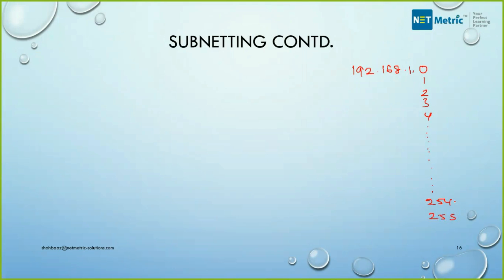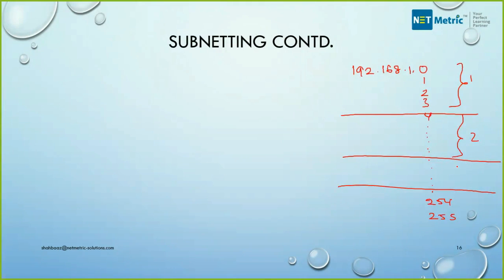One network means it can be used only in one department or one branch office or one local area network only. But now since I want fewer IPs, I want to divide this network into multiple smaller pieces, multiple subnets, like 4 subnets, so that I can use one subnet at one location, the next subnet at a different branch office or a different department. Like this I can use it in multiple different locations.